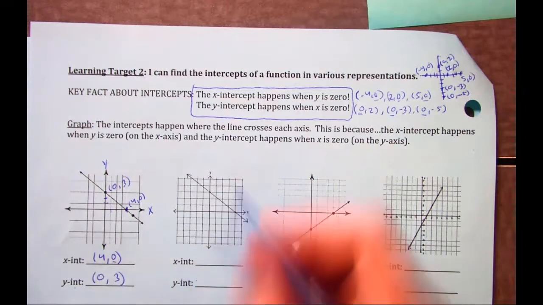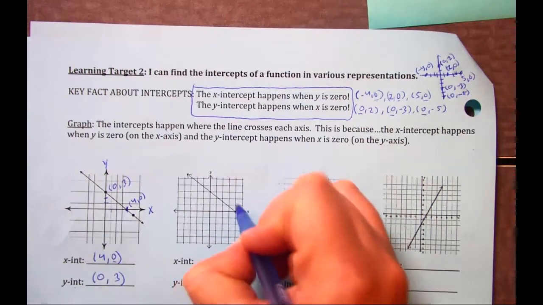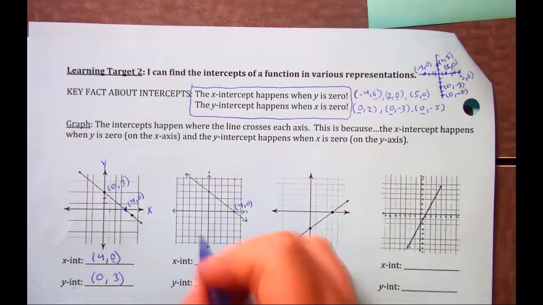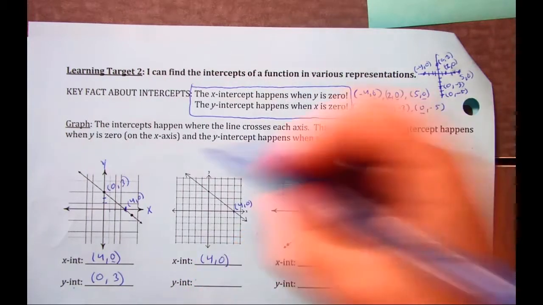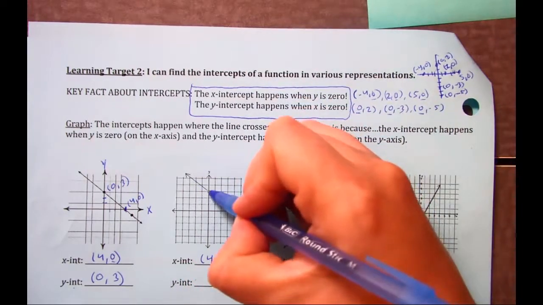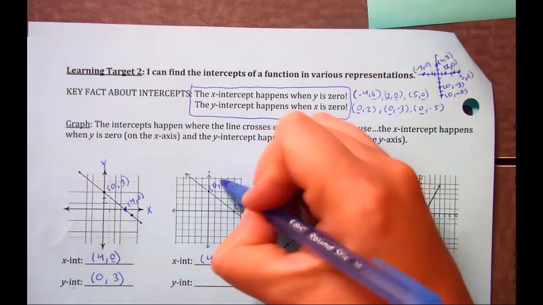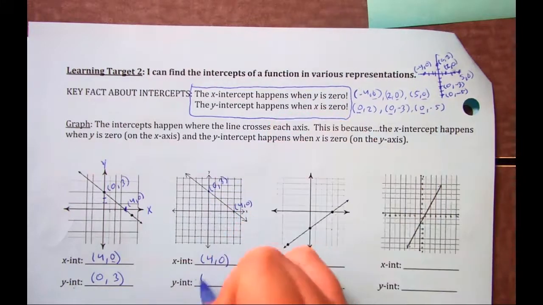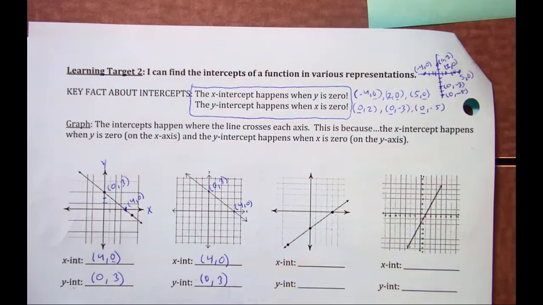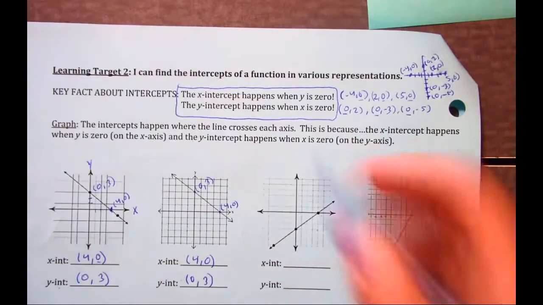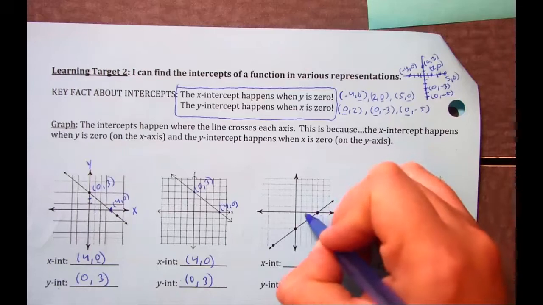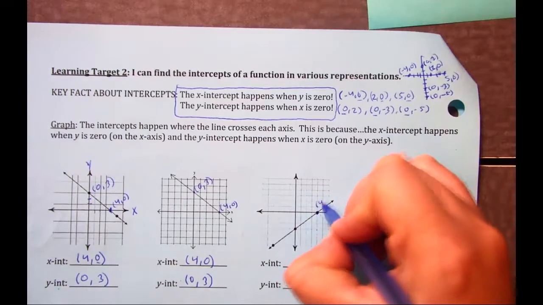Now the x-intercept here, 1, 2, 3, 4, is 4, 0 right there. And the y value here, oh, it's the same as the last one. Look at that. 0, 3. The x-intercept here is right out there at 4, 0 again.